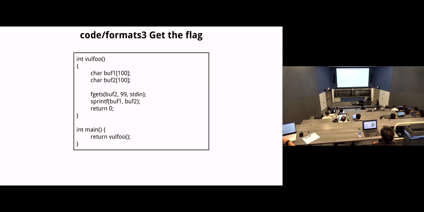However, we're going to do a printf of buffer 1, buffer 2. In this case, buffer 1 is the target and buffer 2 is the format string. So your input will be the format string, and your input is at most 100 bytes. But that 100 bytes is a format string, so it can generate more than 100 bytes. Make sense?